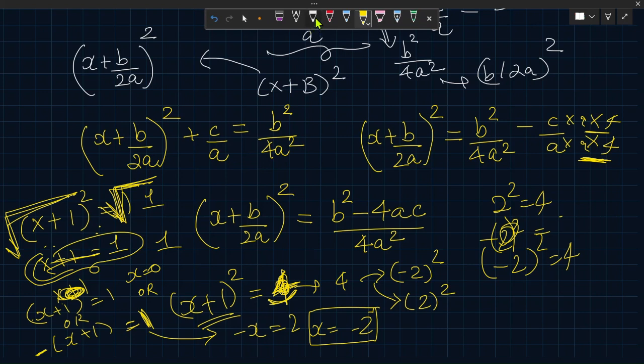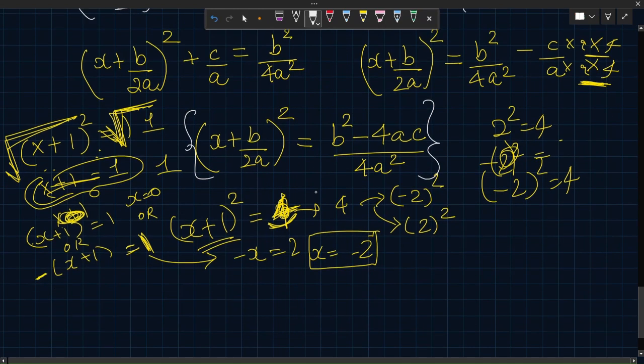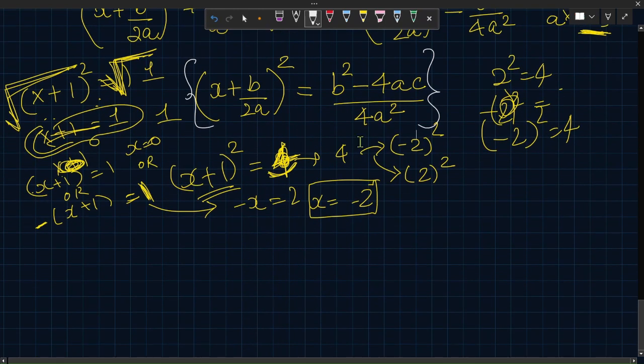So coming back to our main equation, we have this. If I take a square root on both sides, that means plus minus x plus b by 2a, by the same logic. X plus 1 can be 1 or minus of x plus 1 can be 1.